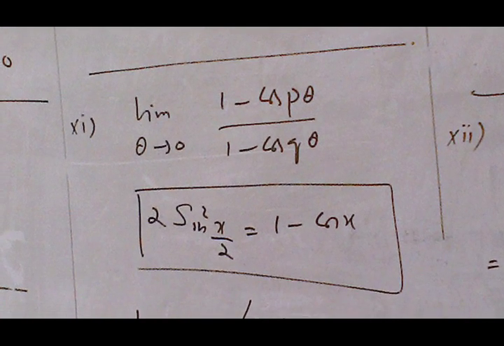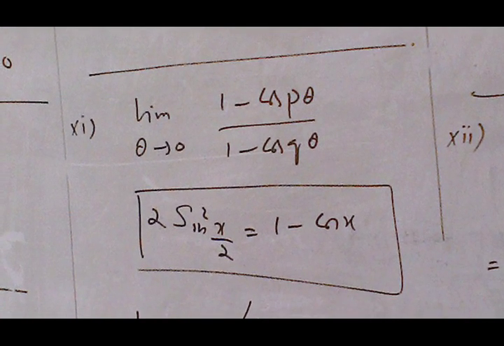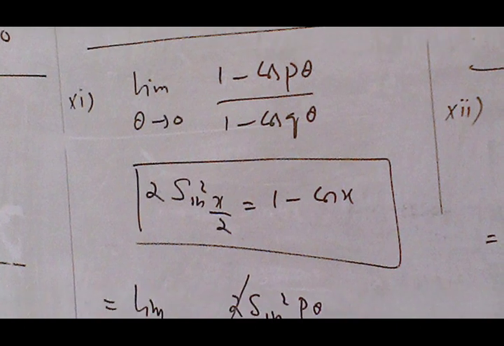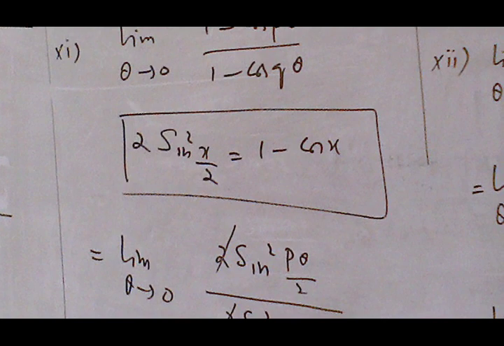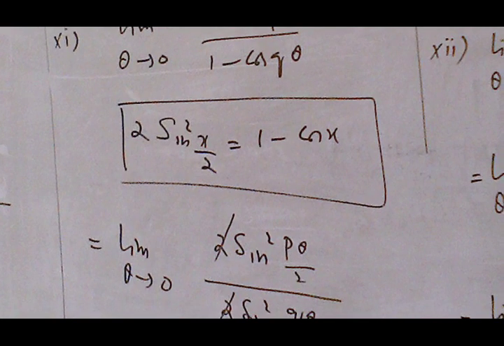1 minus cos p theta over 1 minus cos q theta. Here this is equal to the formula 2 sin square p theta over 2, because 1 minus cos 2x is equal to 2 sin square x. If we halve the angle, then 1 minus cos x is equal to 2 sin square x over 2.